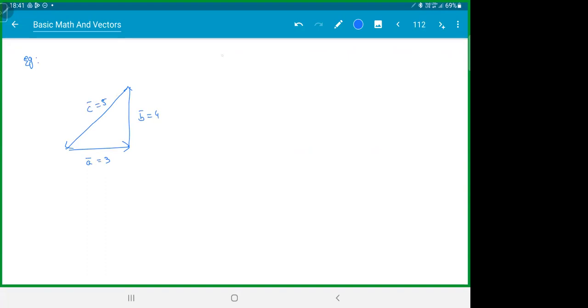A 3, 4, 5 triangle. Find the angle between A bar and B bar, and between B bar and C bar, and C bar and A bar. Find the angle between the three vectors. Easy one, but it's a good one.